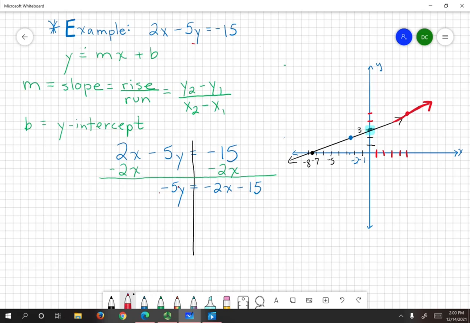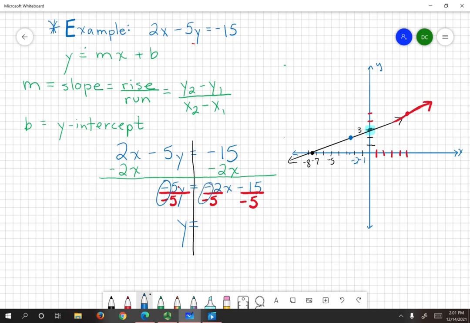Then, how is negative 5 attached to y? By multiplication. The opposite of multiplication is division. I'm going to divide each piece by negative 5. The negative makes it a little tricksy, so don't let it trick you. Here, a negative divided by a negative makes a positive, so we get 1y. Oh, look at this.